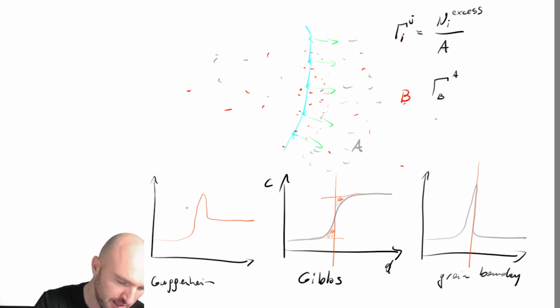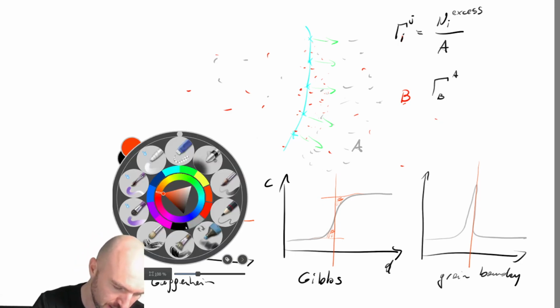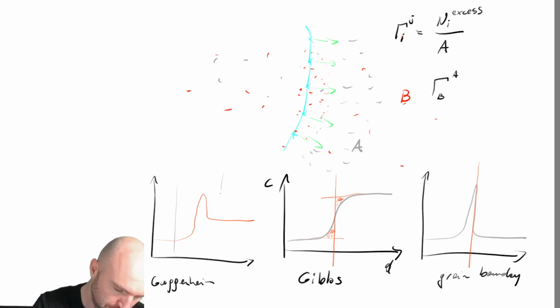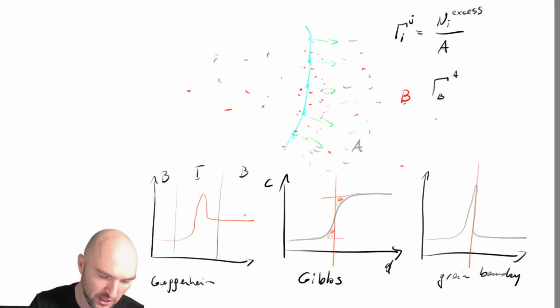And in this case, it is just said that we have an interface domain and a non-interface domain. So we have a bulk domain and an interface domain. And what we calculate is actually the amount of excess material in the interface domain if those boundaries are far enough to not be influenced by the interface.